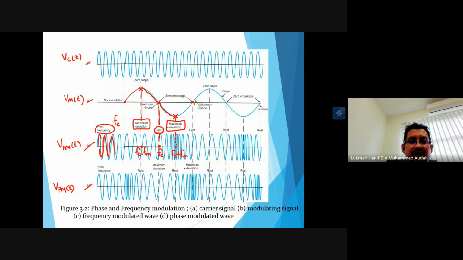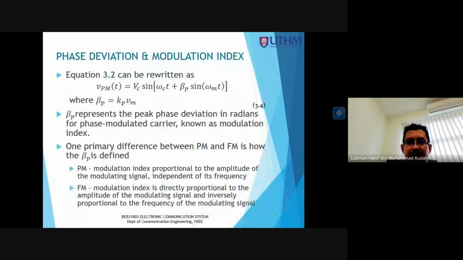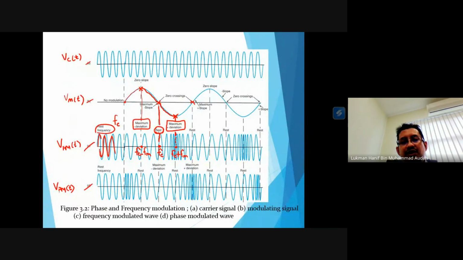Okay, maximum peak. If you see from here, maybe I should use a different parameter. Let me change to delta F, because we don't know how much the change would be.